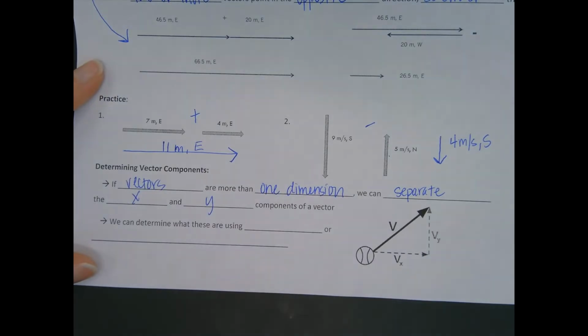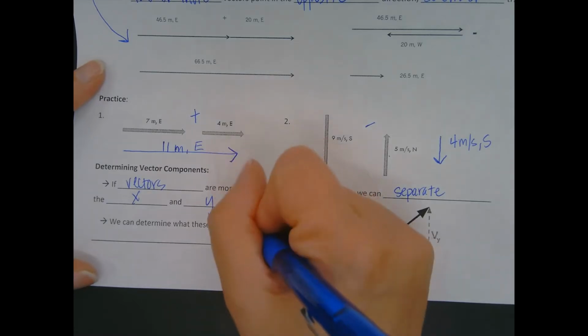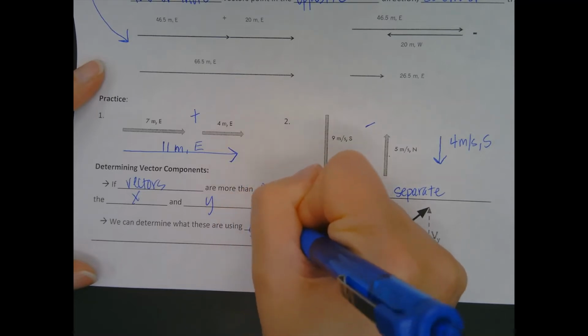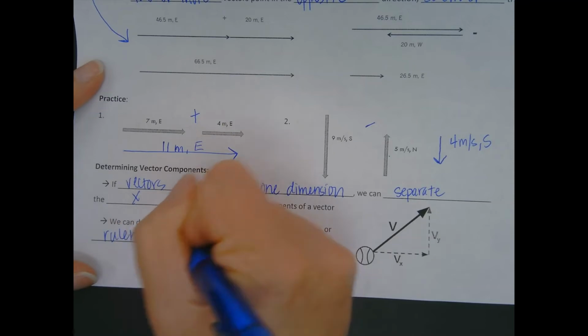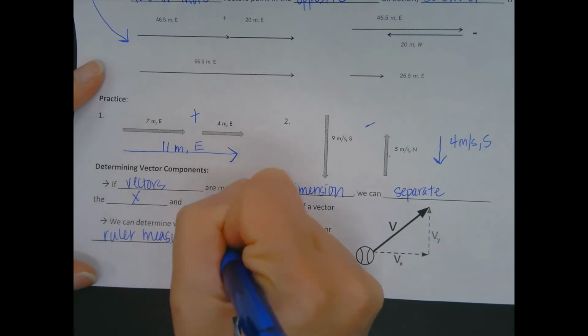So we can look at the resultant and separate it into an x and a y component, or we could take the x and the y component and find the resultant. Okay, so we can determine what these are using graphs or ruler measurements.